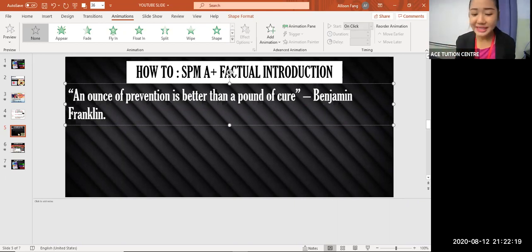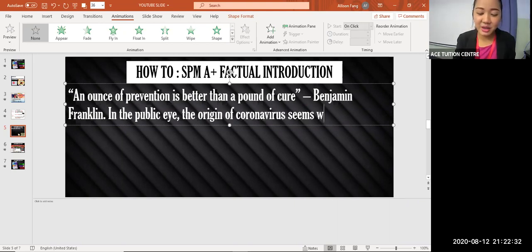Basically in the public eye, which is everyone, in the public eye, the origin of coronavirus seems well fixed. It was what we have written just now in the draft.